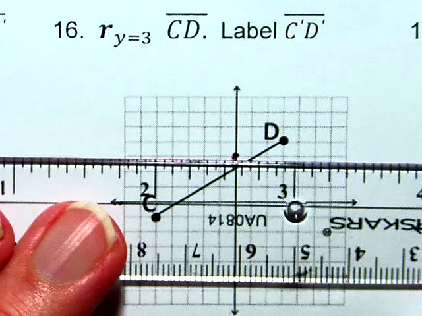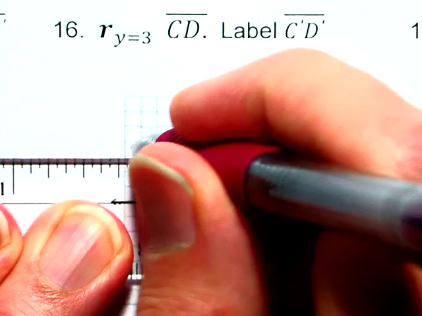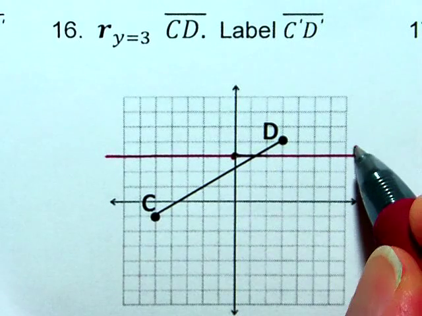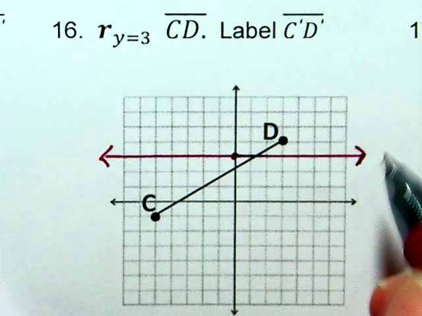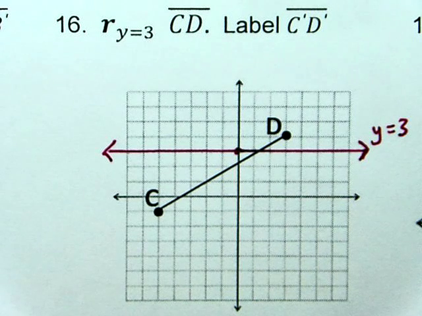So let's draw the line through this point, parallel to the x-axis. So that is our line y equals 3. We're going to have to reflect both C and D across this line.